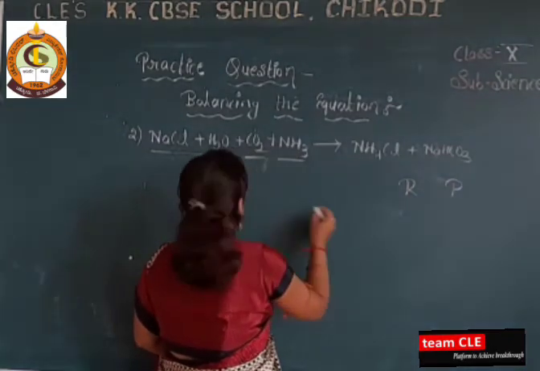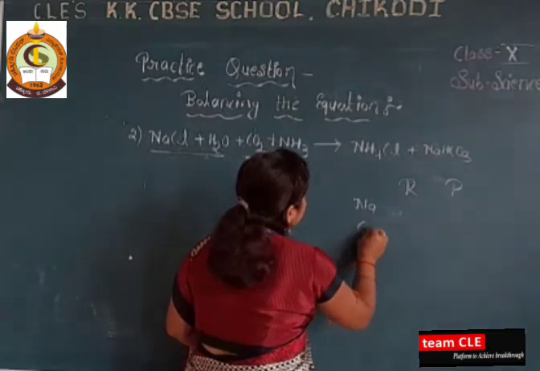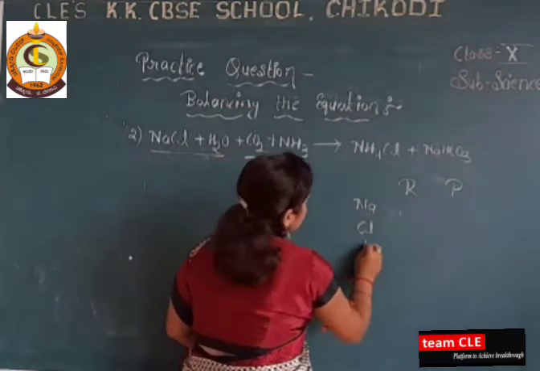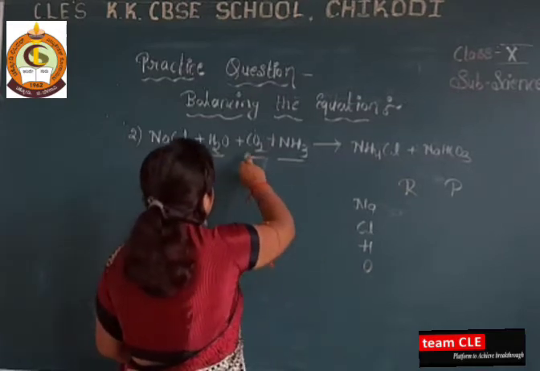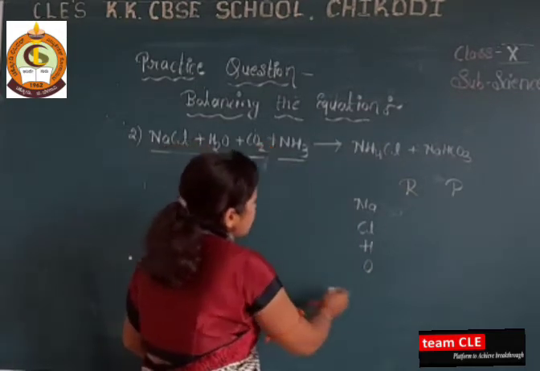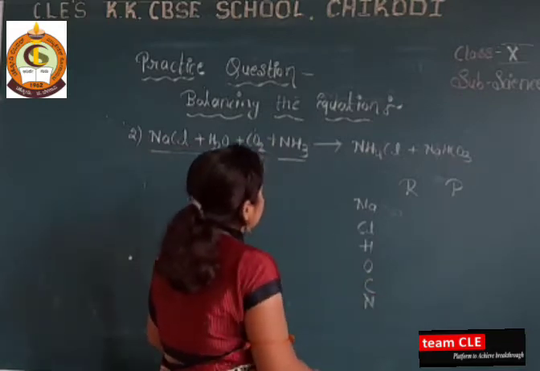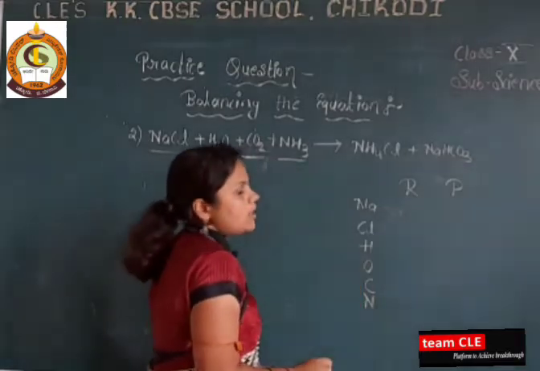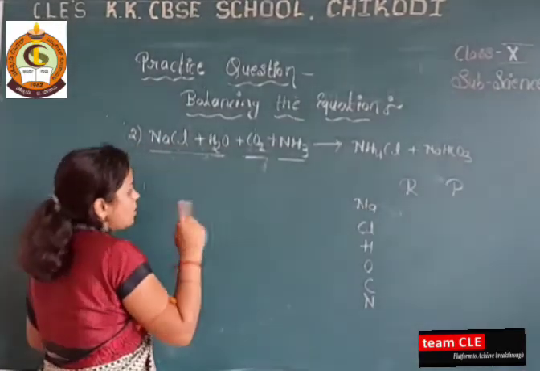Let's collect the elements: sodium, chlorine, hydrogen, oxygen. Oxygen we have already taken, so I will not write it again. Carbon and nitrogen, and hydrogen I have already written, so I will not write it once again.